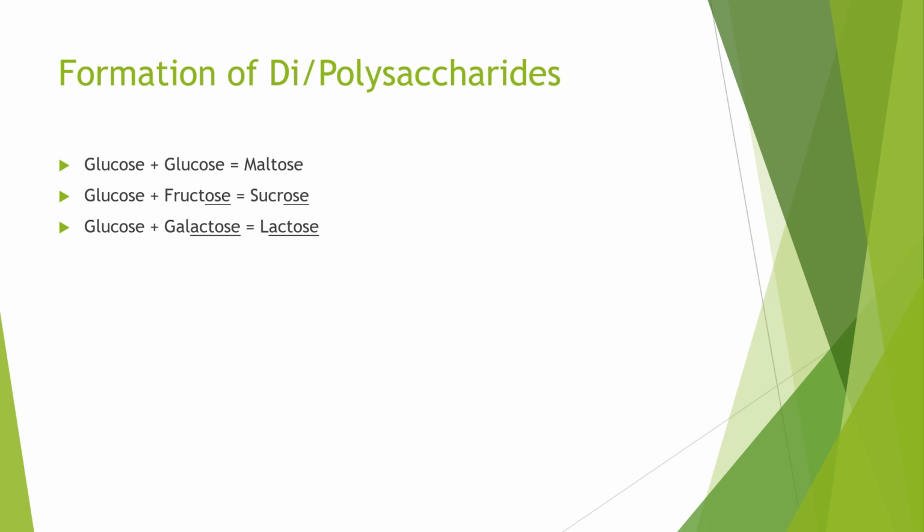When two glucose molecules join together, they create maltose, which is often found in germinating seeds as a source of energy. If glucose pairs with fructose, we get sucrose, which is a common table sugar and the main transport sugar in plants. Finally, when glucose combines with galactose, it forms lactose, the sugar found in milk.